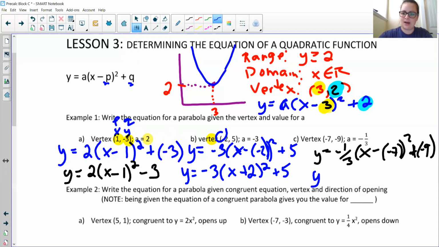Now we can simplify. y equals -1/3 times x minus -7, which is x plus 7, squared. That again is a plus, and again doesn't look like it. Then plus -9 becomes -9. And there's our equation for that parabola.